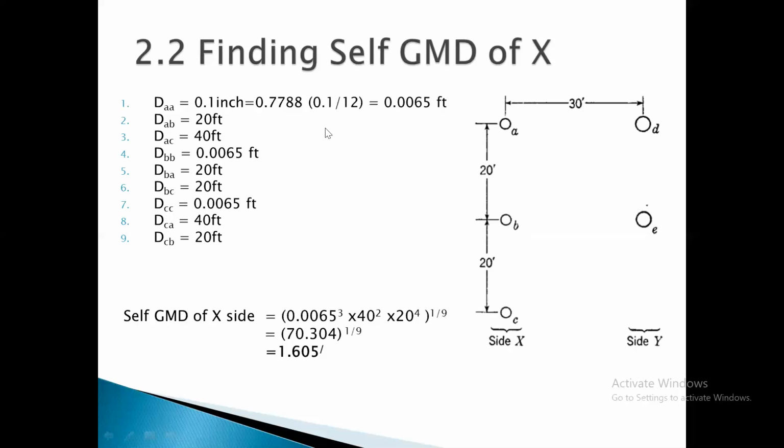There are 3 effective radii, 0.0065 multiplied by 0.0065, and we get its cube. We multiply the 40 with this one and get the square. We have four 20 feet values, so I directly put 20 raised to the power 4, instead of writing 20 multiplied by 20 multiplied by 20.